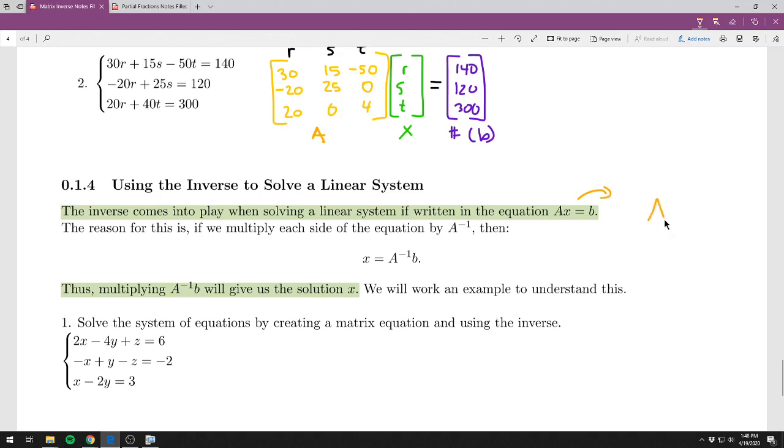So I don't need you to memorize this at all. Oh, I need you to memorize the formula, but to explain why this works, if we multiply each side of the equation by a inverse, the order of multiplication matters. We want to do it on the left side like this.